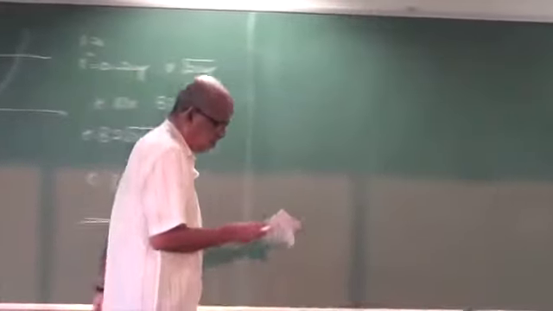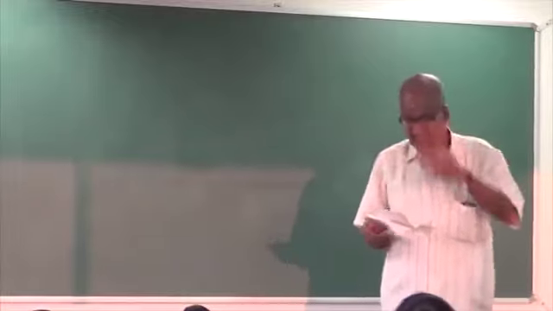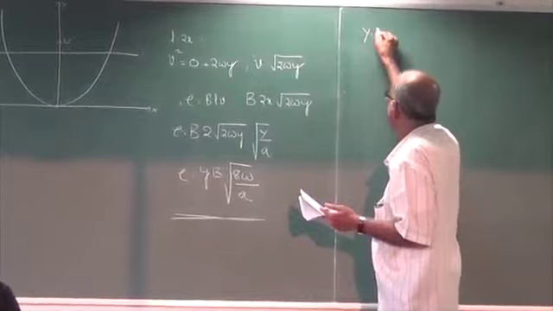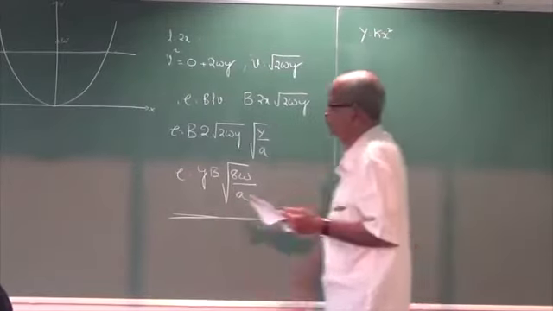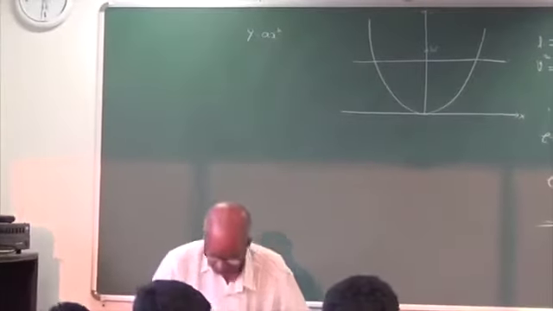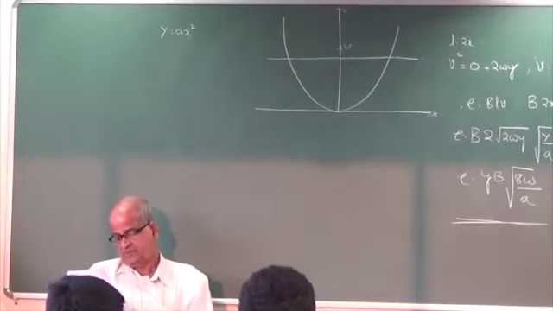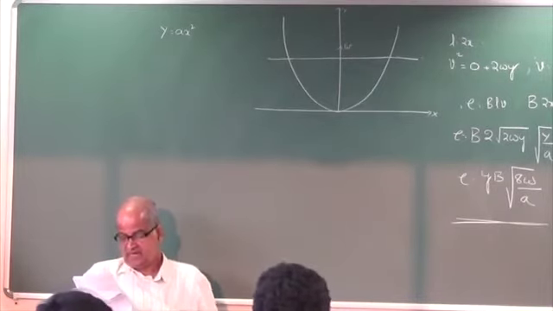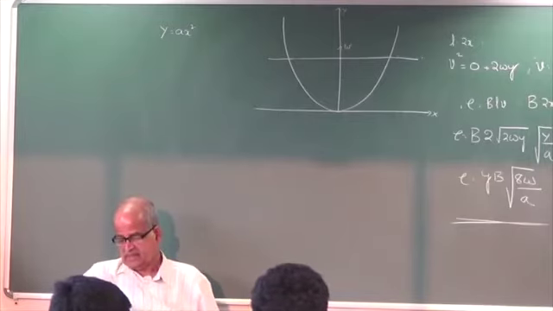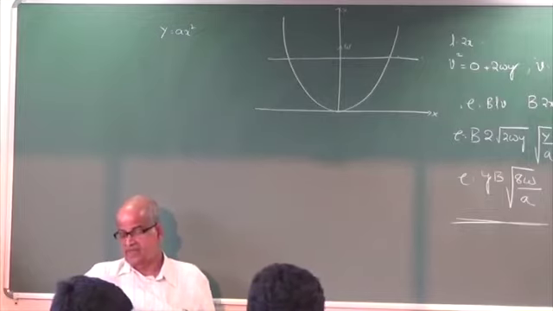A conducting rod is bent as a parabola y equal to kx squared, where k is a constant, and it is placed in a uniform magnetic field capital B, directed perpendicular to the plane of the paper.